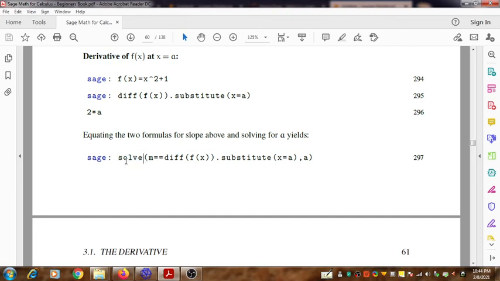Solve m equal to derivative of fx, dot substitute x equal to a, and then a.